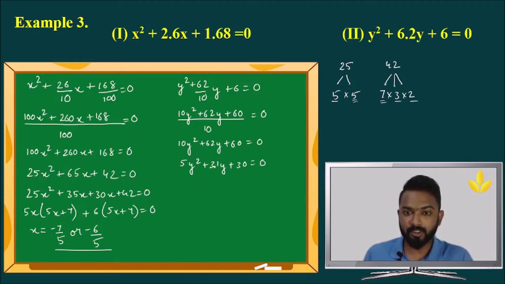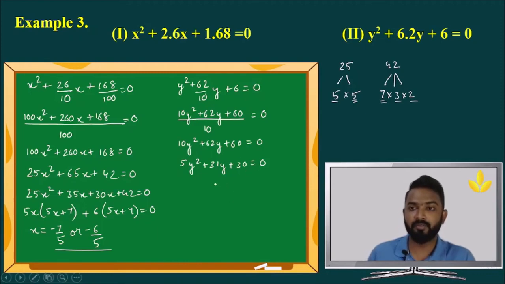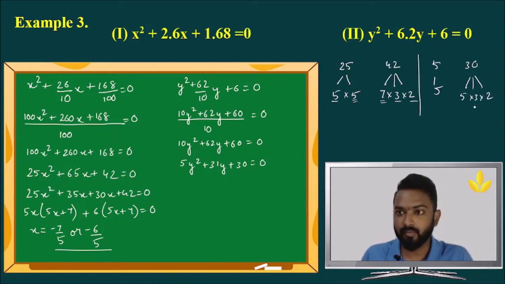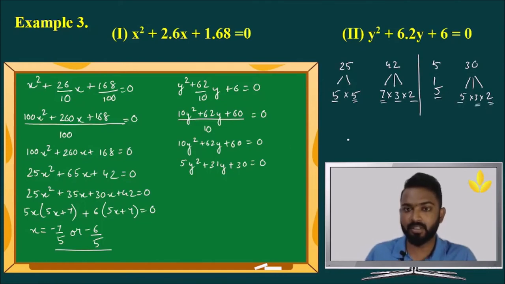The sum needs to be 31 and the product needs to be 5 into 30, that is 150. Let's try that out. We have 5 which is just 5. We have 30 which is 5 into 3 into 2. 25 and 6. Yeah, 5 into 5 is 25. 3 and 2 is 6.